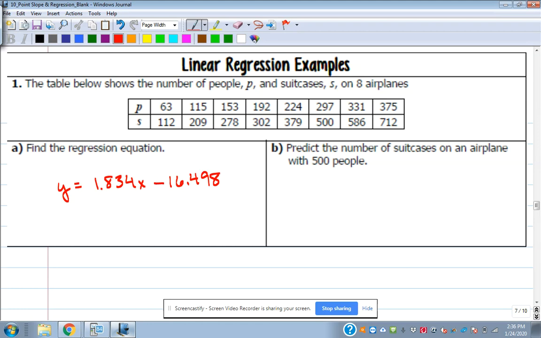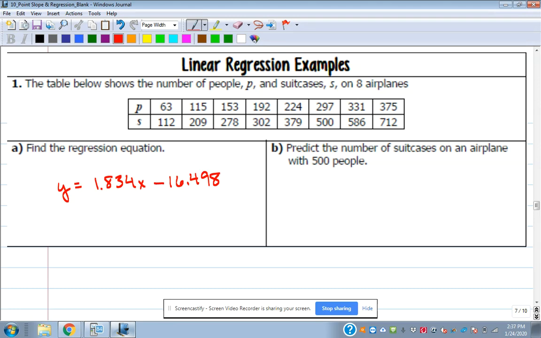And then it says predict the number of suitcases on a plane with 500 people on it. How do you do that? Plug 500 in where? X or Y? X, because in our table, X is the number of people, right?